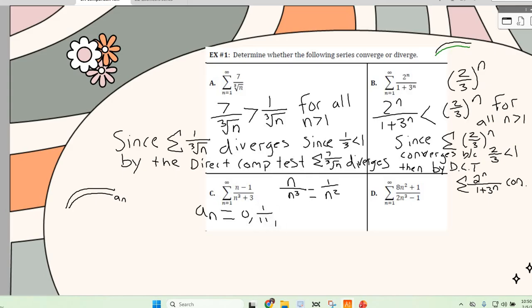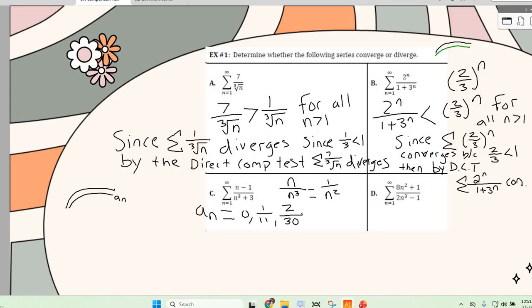What do I get if I plug in 3? 3 minus 1 gives us 2 on top. 3 cubed is, plus 3 is 30. Okay, we'll leave it like that for now. Or you can reduce it to 1 over 15, but I'm going to leave it like that. Alright, are we okay with the first 3?